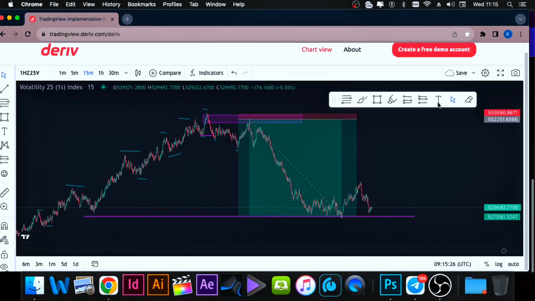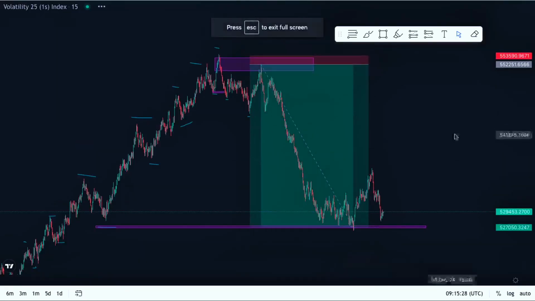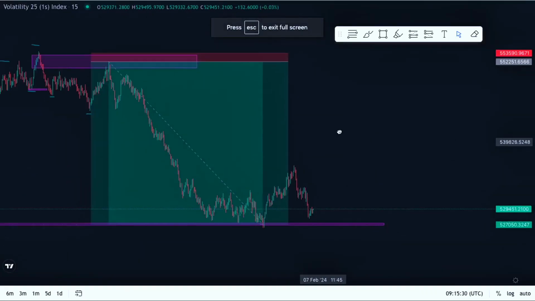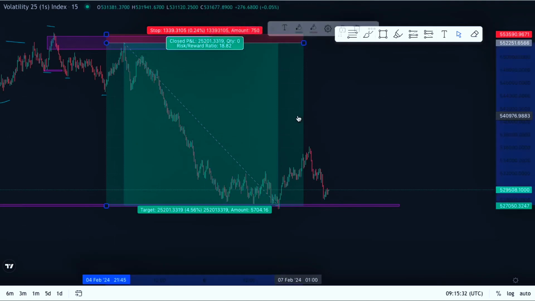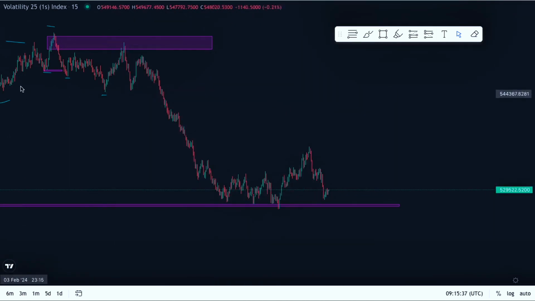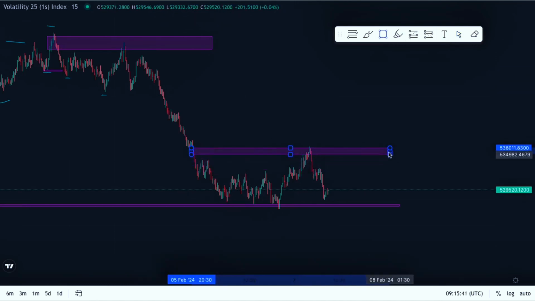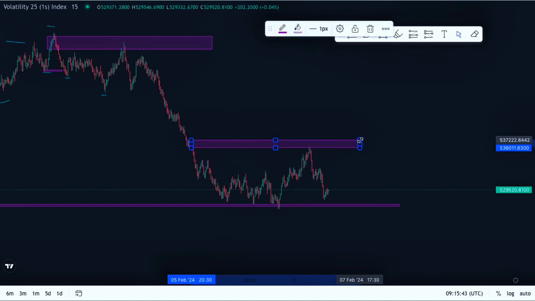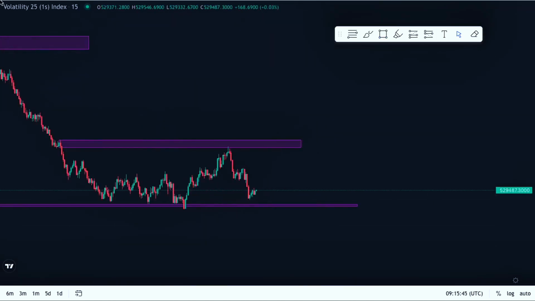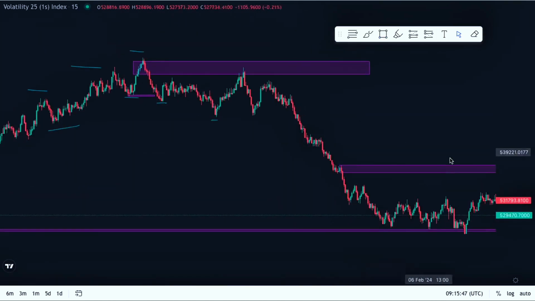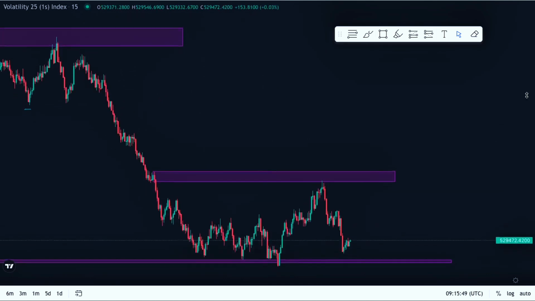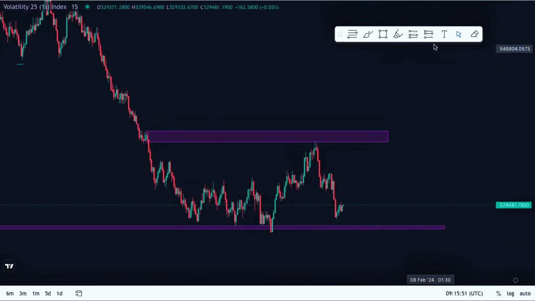Okay, so this is our chart, the M15 time frame. Back to it. Okay, so we had this. Let's remove this one. We had this order block right here. This is an order block, and here we had some imbalance or fair value gaps, what they call FVG.